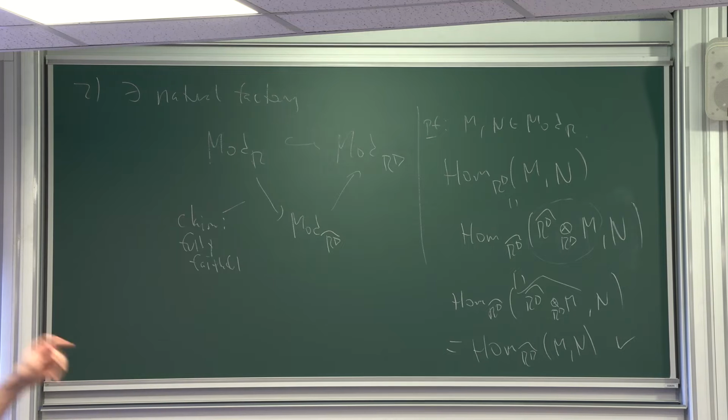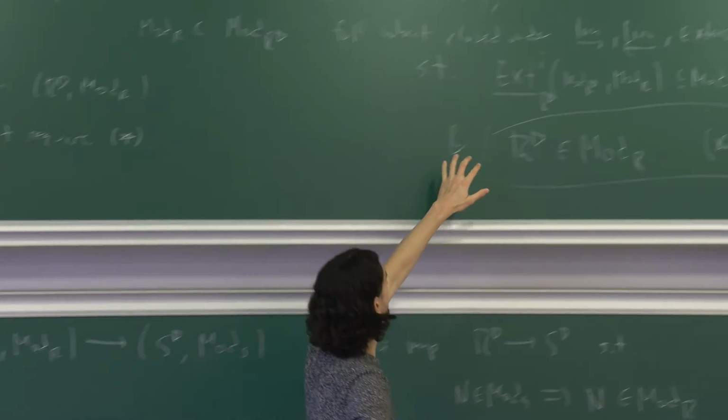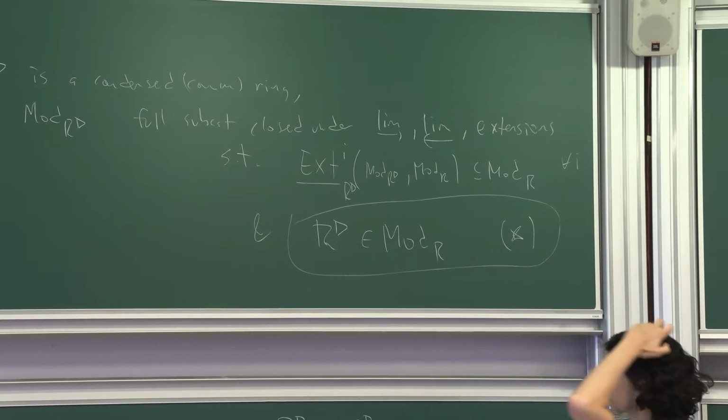Now we have to verify all of the axioms. This is actually a little bit more subtle because we need to make sure that the Ext calculations are going to work out correctly.